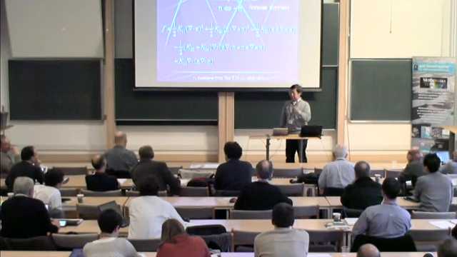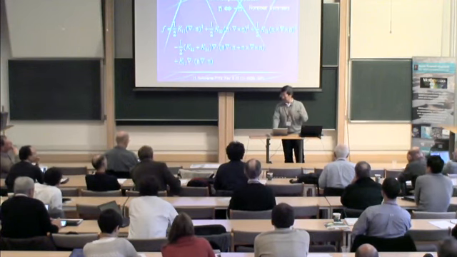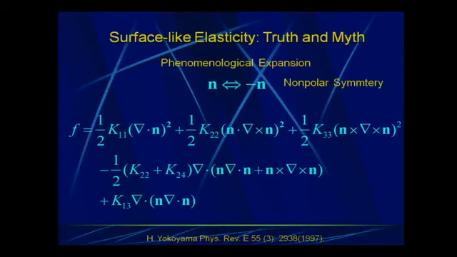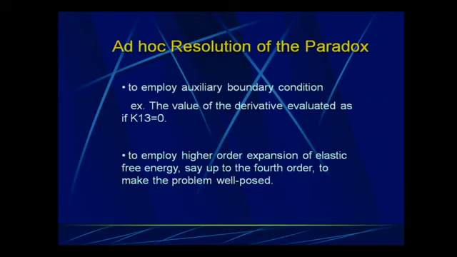But when you have a chance to read my old papers, you can find many of the papers published by the time I published that paper in '97. My point is that the K24 term, saddle-splay, is a real physical existence, but K13 is a mathematical artifact.